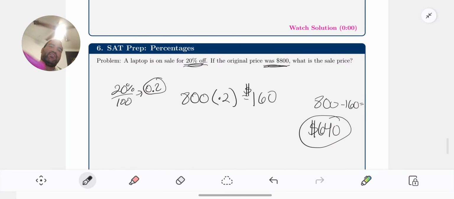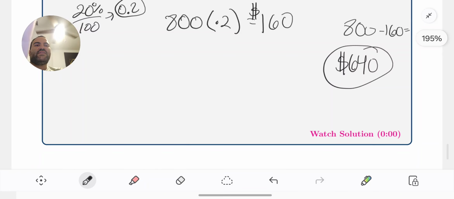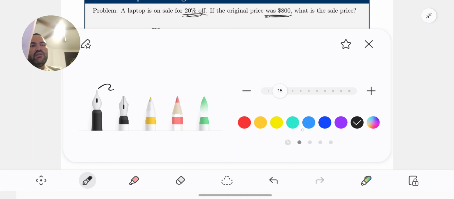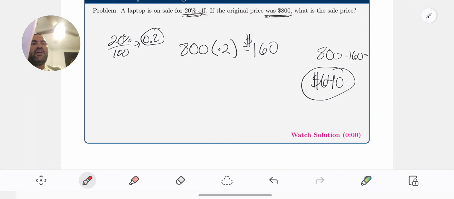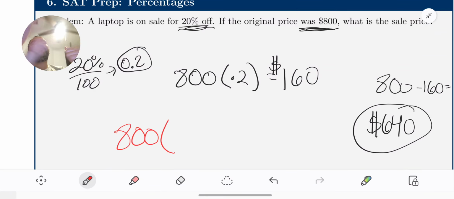The average student's going to do it like that. The way you could do it really fast is if you know you're going to subtract like that. Notice how we found the 20% and we subtracted it from the original. The other way of doing it, let me write a different color. I'll write it in red. The other way of doing it is you could take your original and you times it by the reverse of the 20%. You could think of it as, how much are you buying?